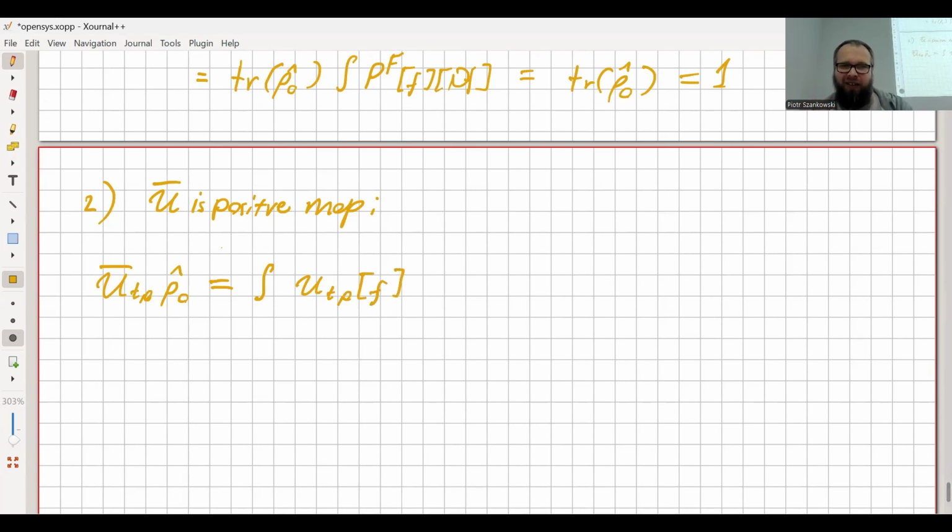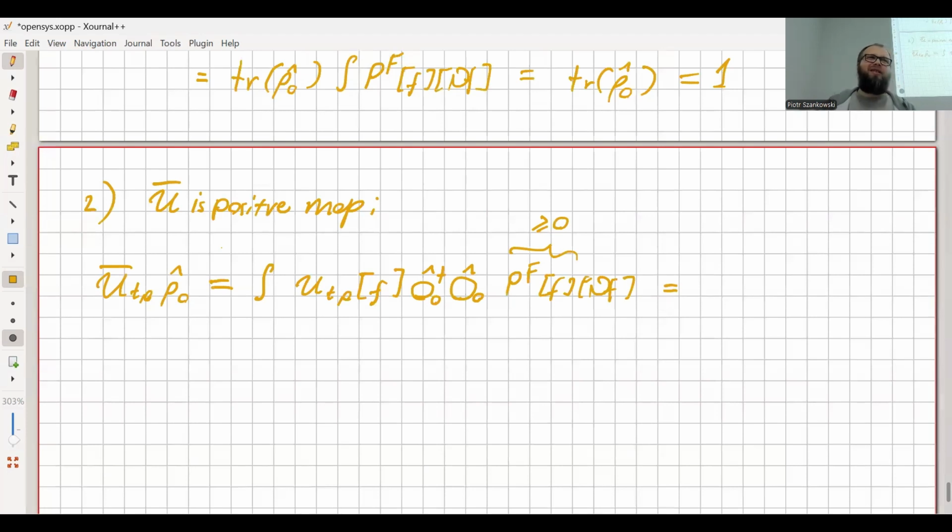a trajectory-wise unitary map acting on rho 0. And because rho 0 is positive, we can use this representation as a product of square roots, if you recall from previous lectures, with the probability distribution dF. And remember this guy is non-negative.